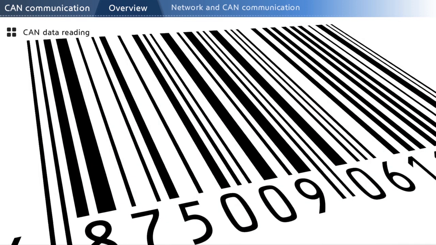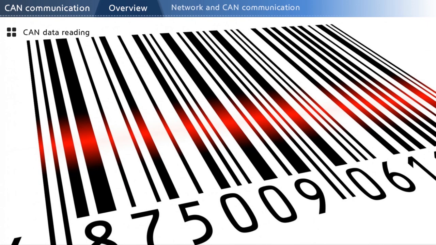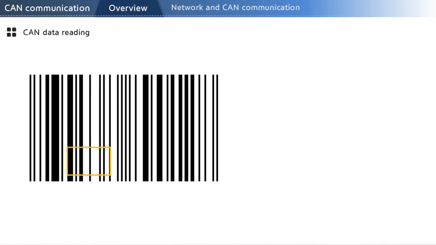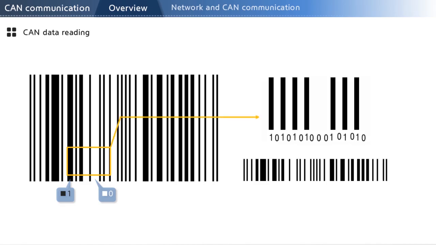Binary codes are found in our daily life, such as barcodes. A barcode scanner generates light to read the code. The white part that reflects the light reads as 0, and the dark part that absorbs the light reads as 1. These bars of various thickness represent a code made of binary digits 0 and 1.